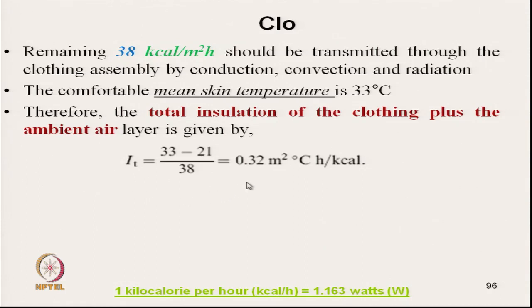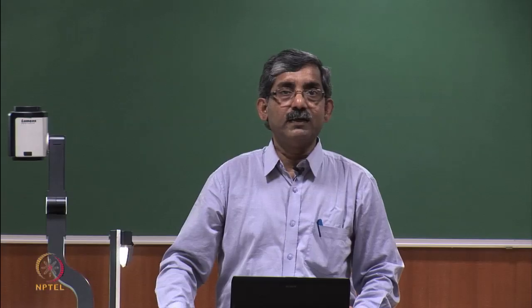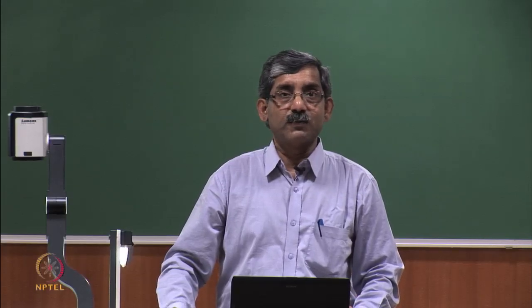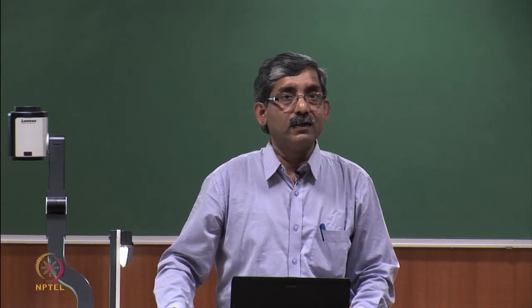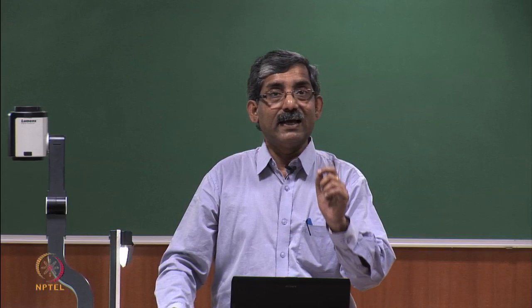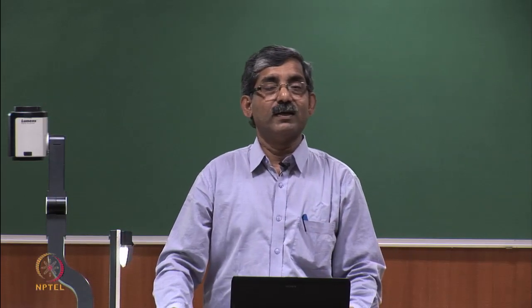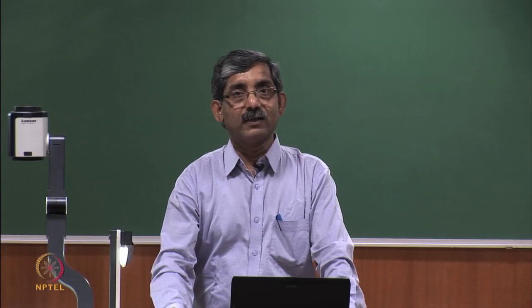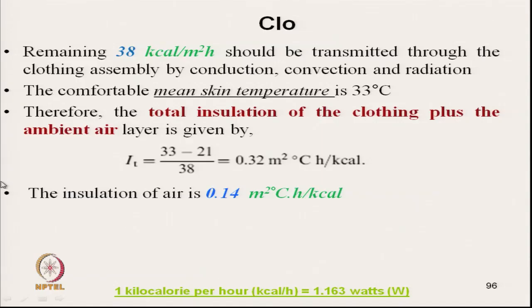This comes out to be 0.32 square meter degree Celsius hour per kilocalorie. This much insulation includes the air insulation. Now, let us consider the insulation of air to be 0.14 square meter degree Celsius hour per kilocalorie.